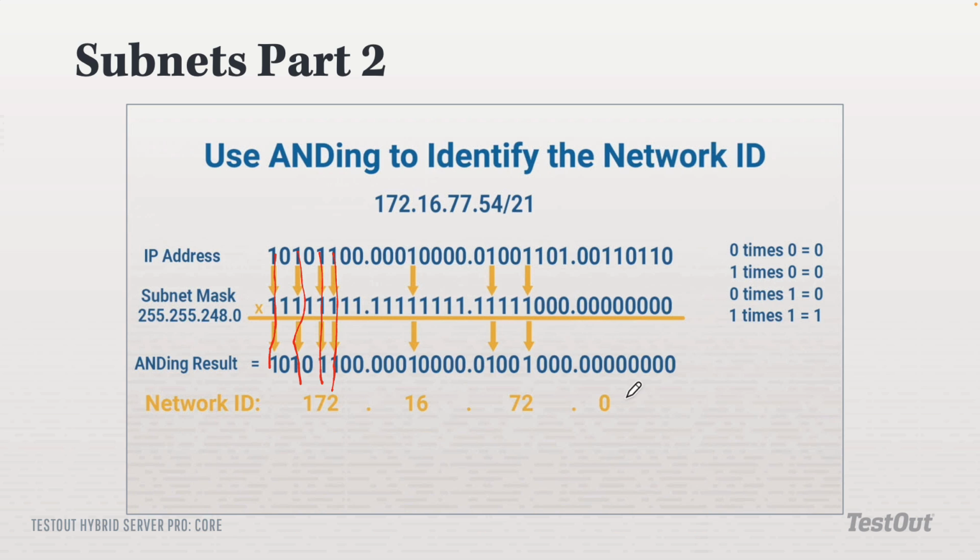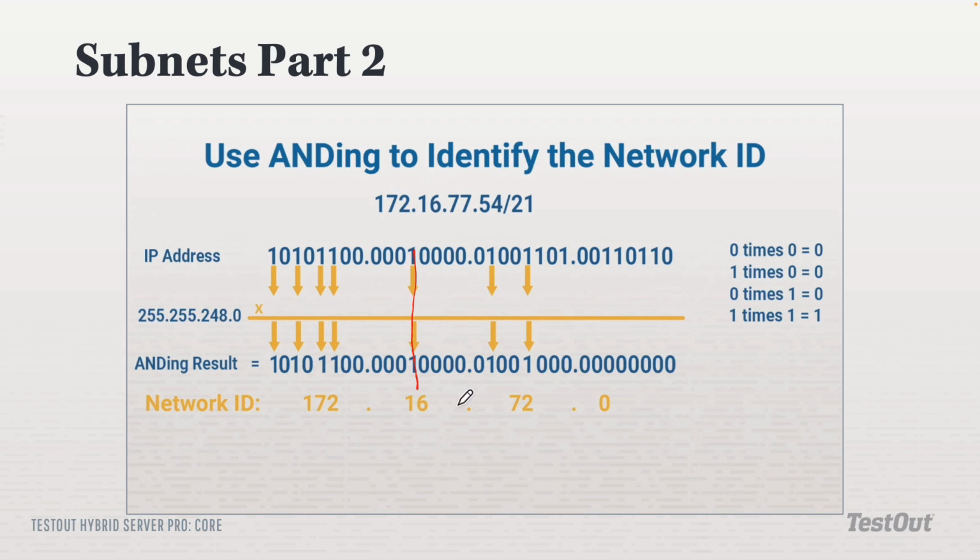In this case, we can see this kind of natural stop where we have a bunch of zeros. That's telling us that these are our hosts, and this right here, if we add up all of our 1s, is going to equal 172.16.72.0 because of this key right here.